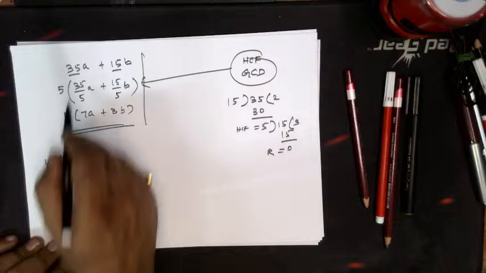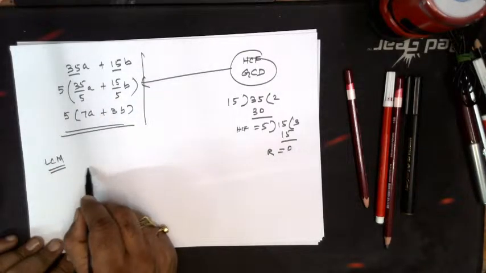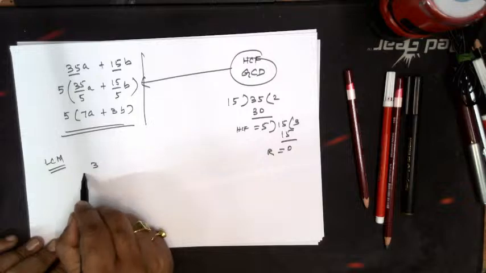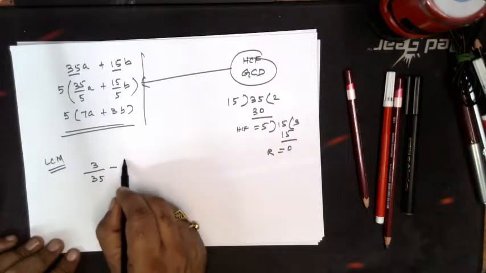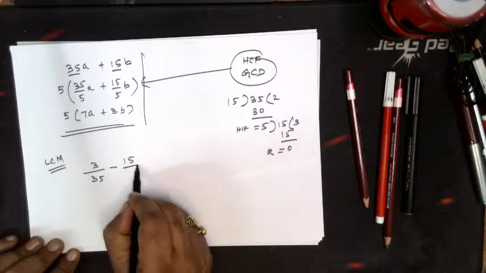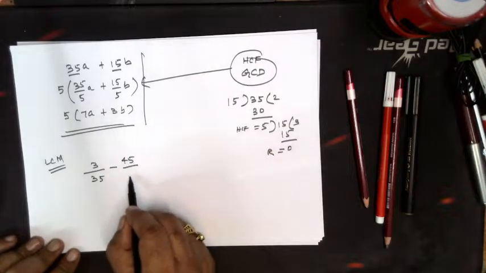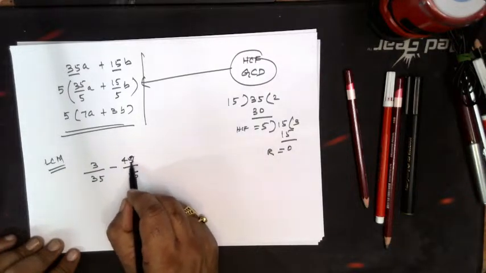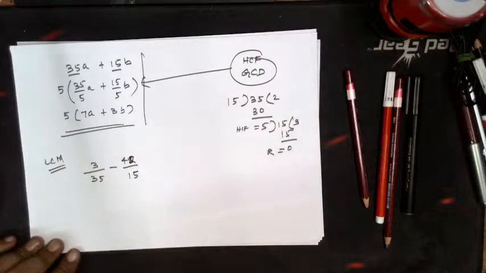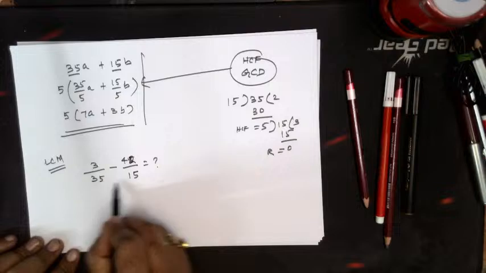For example, let us take 3 by 35 minus 42 by 15. Okay, let us take it like this. So what is the answer? You have to take the LCM.